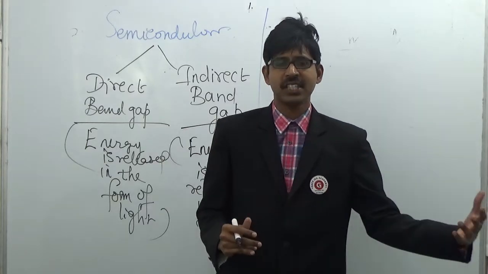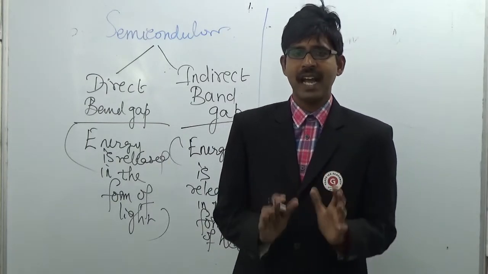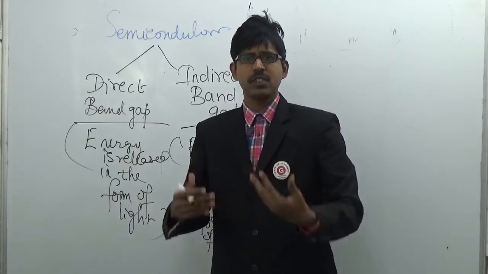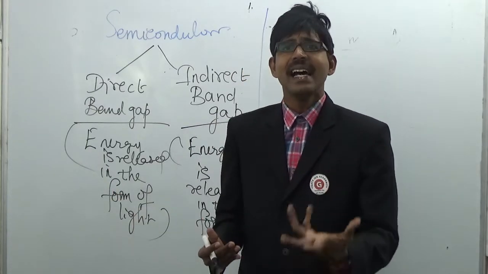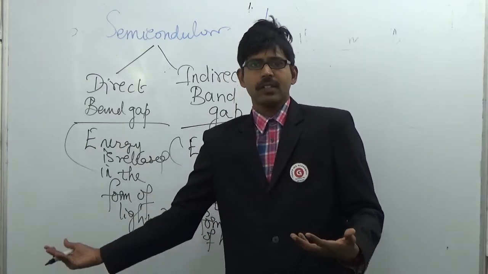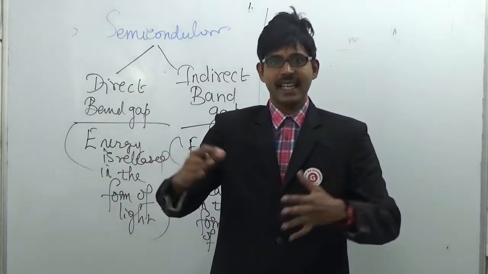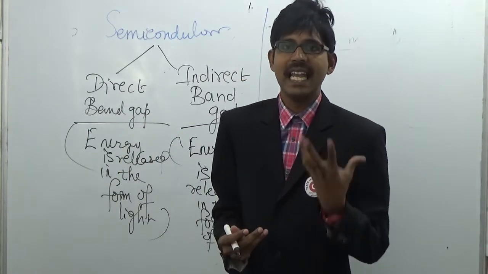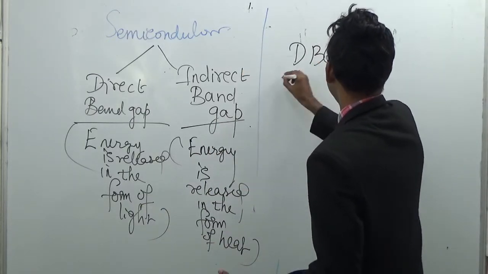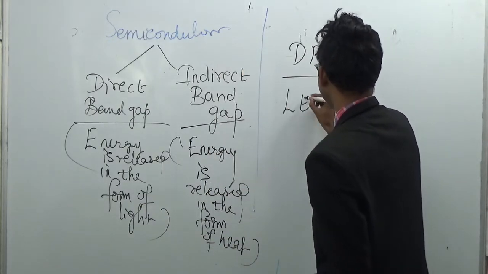In a p-n junction diode, electron hole recombination happens, but when you touch a p-n junction diode which is operating for a long time, you feel heat being released. When you talk about an LED, here the energy is released in the form of light. So for a direct bandgap, an example is LED.